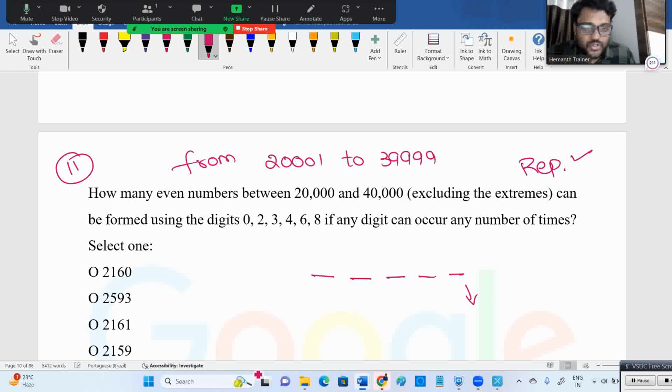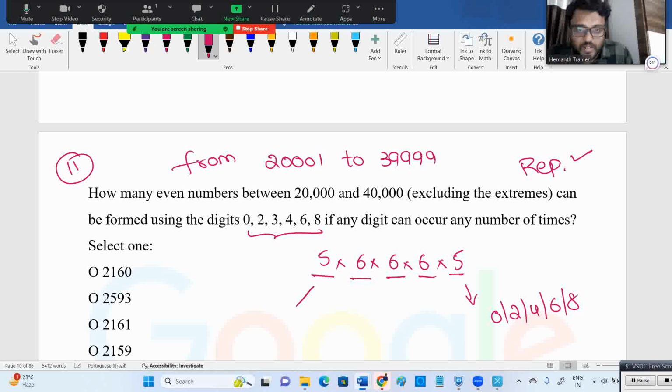So this should be filled with 0 or 2 or 4 or 6 or 8, means even number. Okay, 5 ways this slot can be filled. Here also I can use any of these numbers. How many numbers? This is 6 ways. There is no condition. This is 6 ways. But here 5 ways only because we cannot use 0.